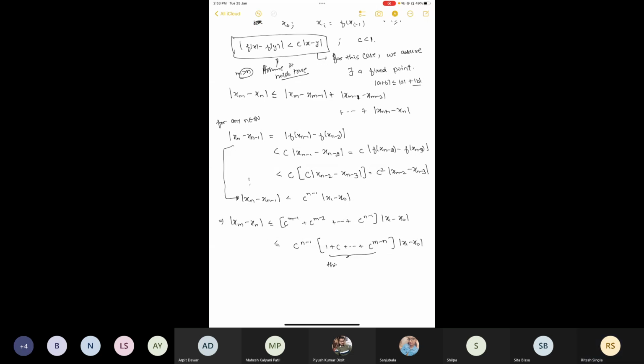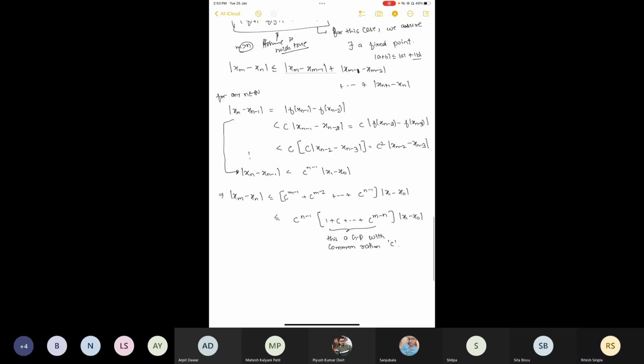Is this a GP with common ratio c, right? Yes, sir. If we have some geometric series r to the power n, going from 0 to infinity, and r is less than 1, then this sum is nothing but 1 upon 1 minus r.